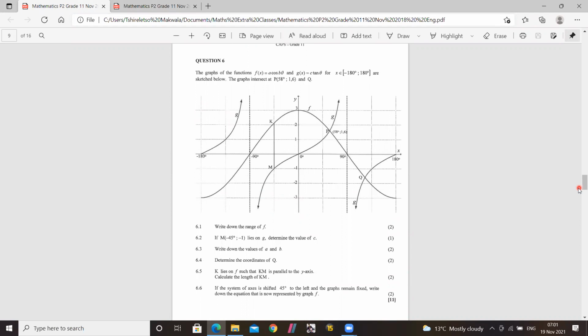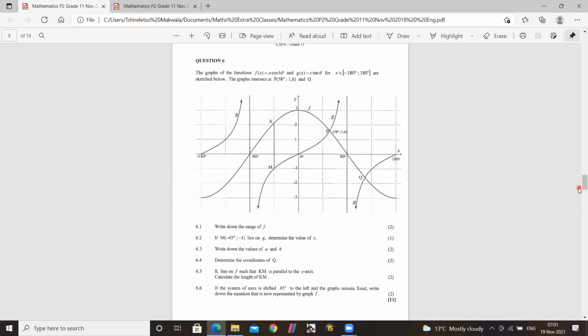The graphs of the functions f of x equals a cos b theta and g of x equals c tan theta, as sketched below, intersect at P and Q. Then write down the range of f.